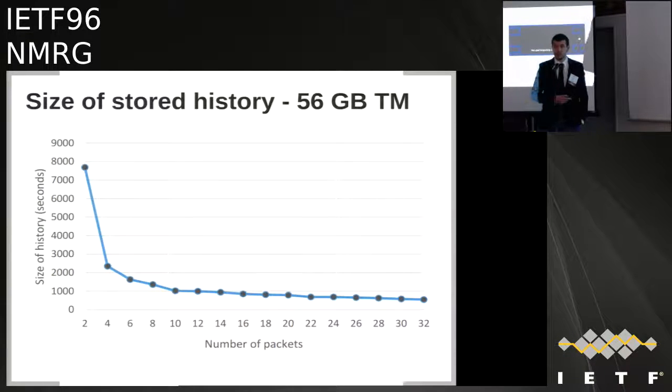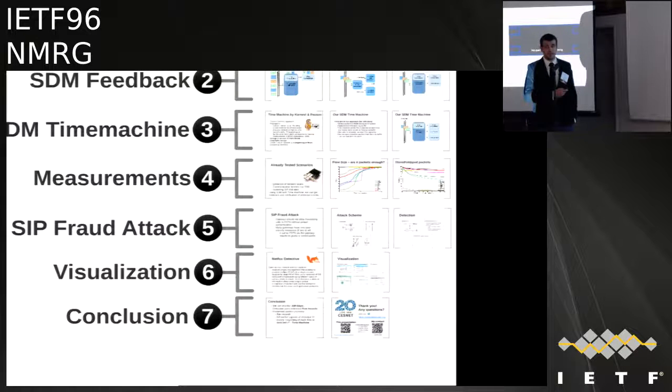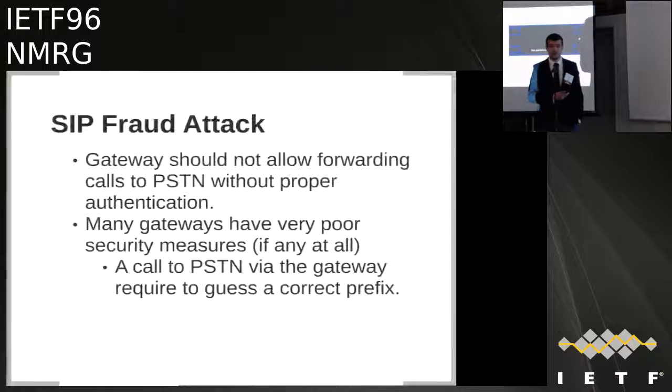So let's look at the use case of SIP fraud attack. The basis of this attack is a poorly configured private branch exchange in some company. On our network, we observe around 4 of these attacks per day. So as you can see, it might be interesting for some companies to know that they are vulnerable to this kind of attack.